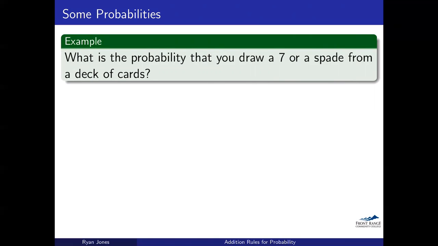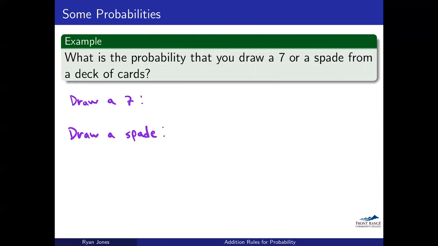We could start with this, and we could say, all right, let's look. I could draw a 7, and I can draw a spade.